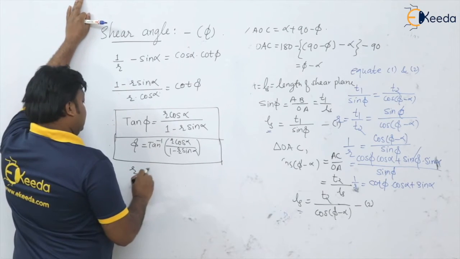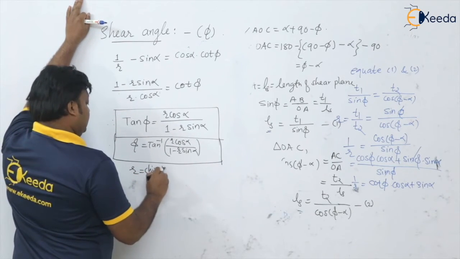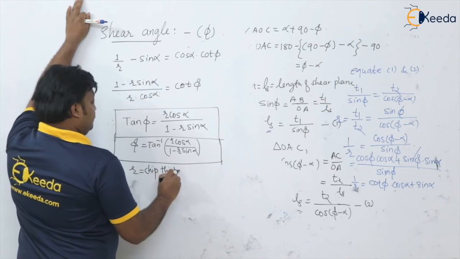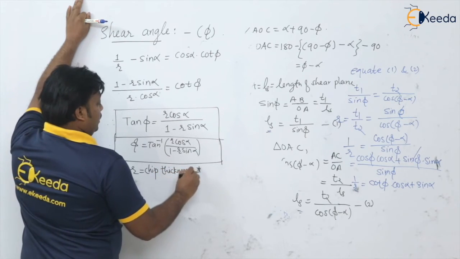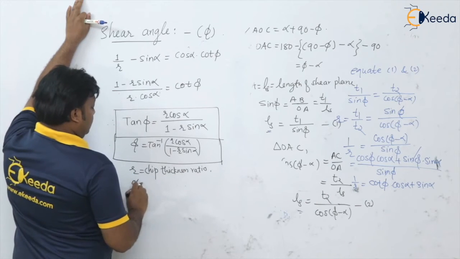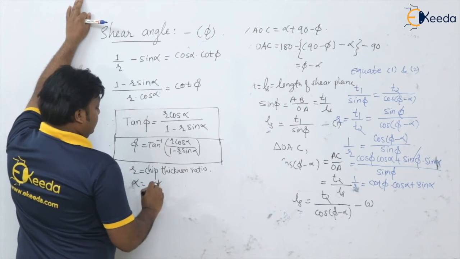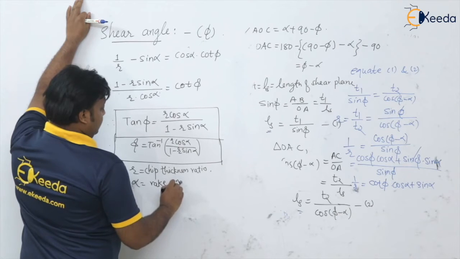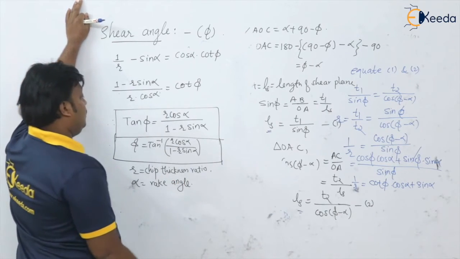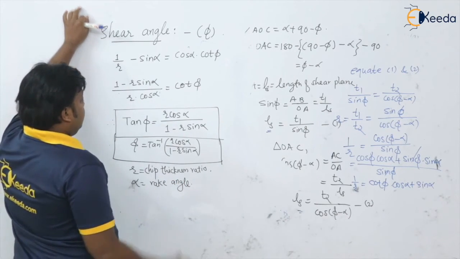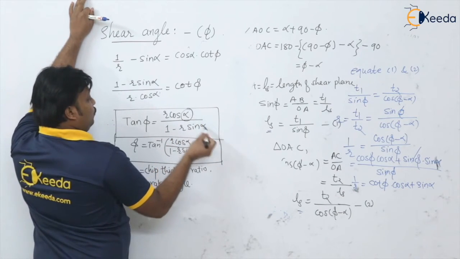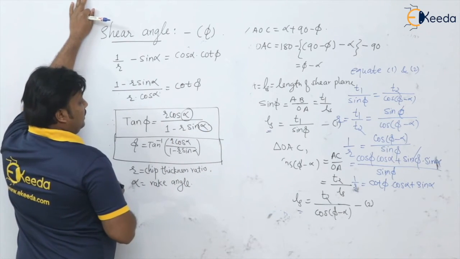Please remember, when the rake angle is 0 for the tool, what is the standard case you are getting?